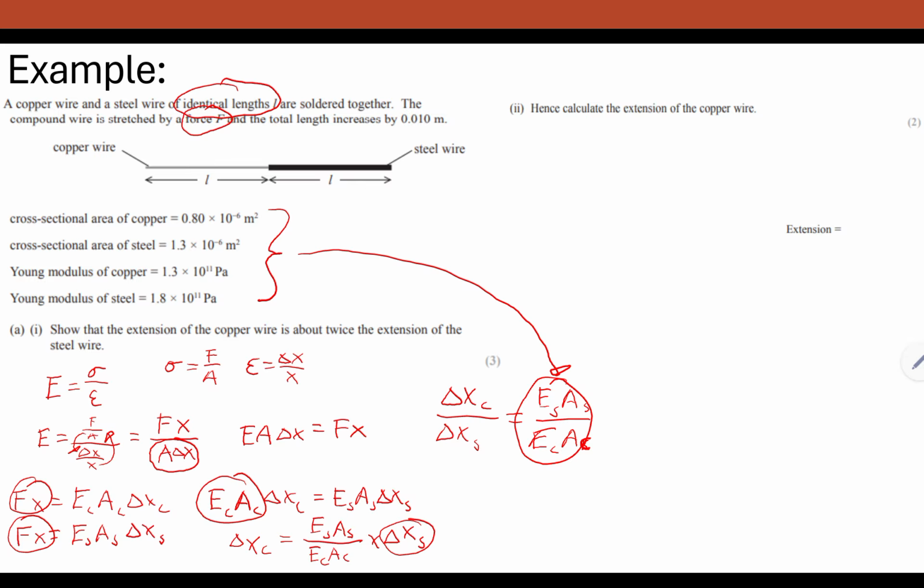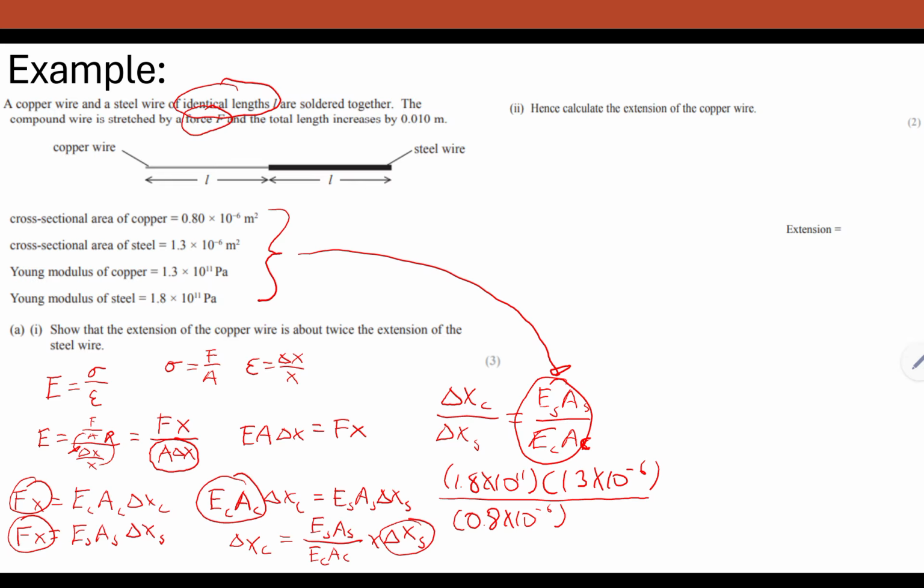So when we do that, we get 1.8 times 10 to the power of 11 multiplied by 1.3 times 10 to the power of minus 6, and this is all over 0.8 times 10 to the power of minus 6.